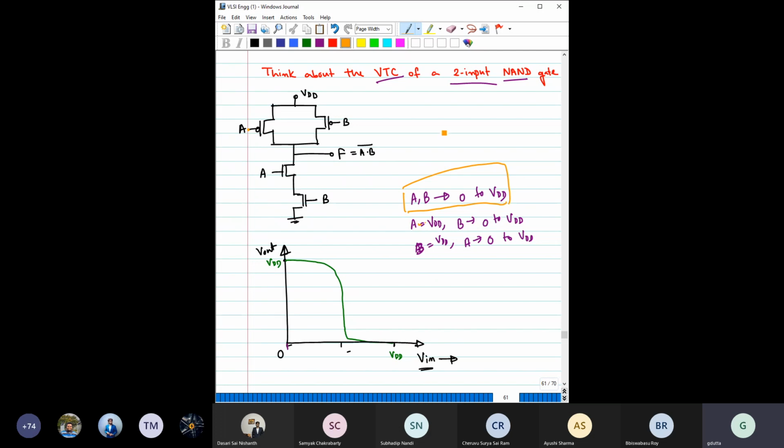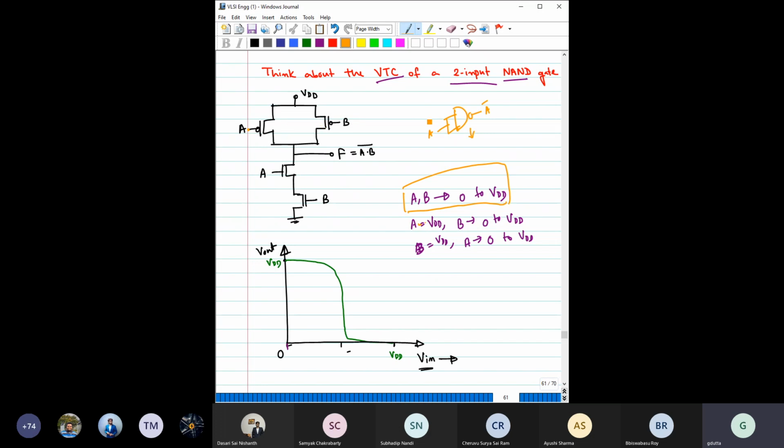This is a NAND gate with two inputs shorted. So this becomes what gate? Not yet, a NOT gate. So it should not surprise you that this VTC would be similar to that of the NOT gate only, right?